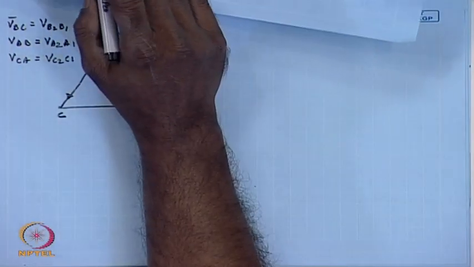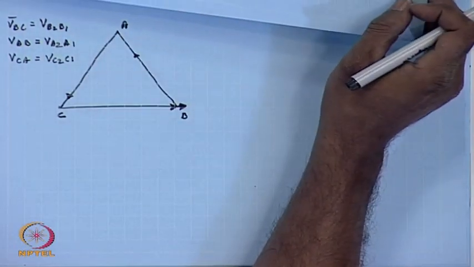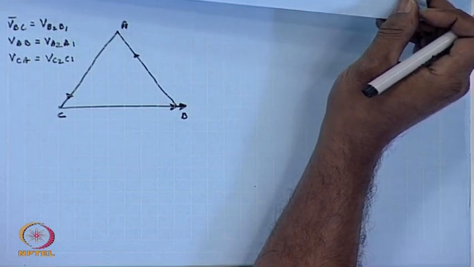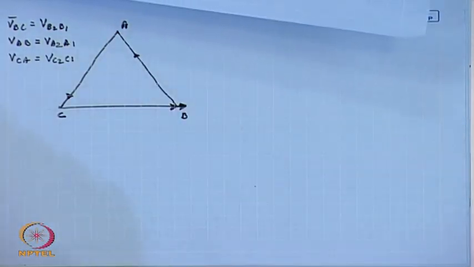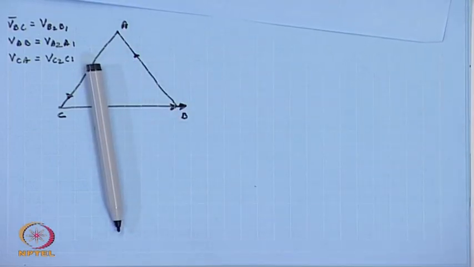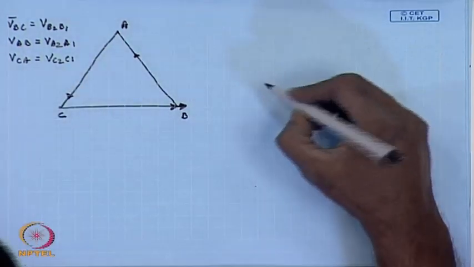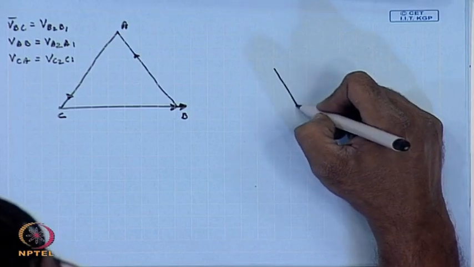So, the potential V A1 A2 will be in phase opposition to voltage V A2 A1, that is voltage V AB. So, this will be the phasor V A2 A1.